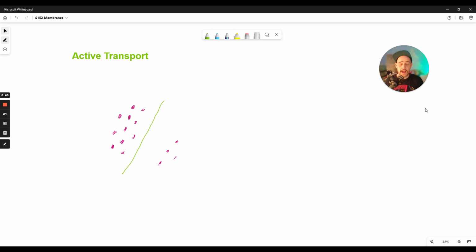And that's exactly what active transport is. So rather than being a passive process, it is in fact an active process. Okay, it requires energy. And energy comes in the shape of ATP.